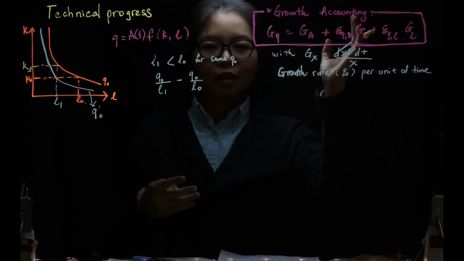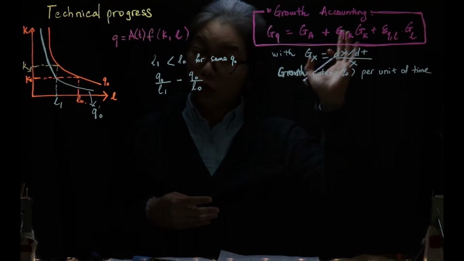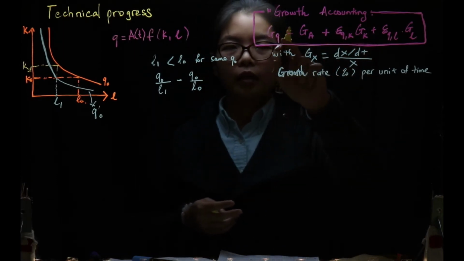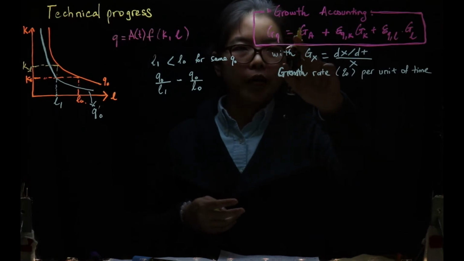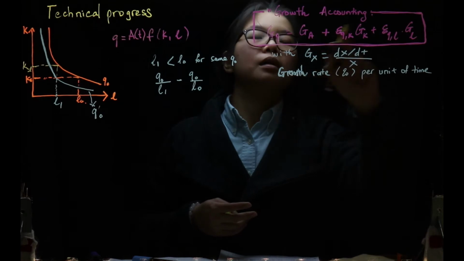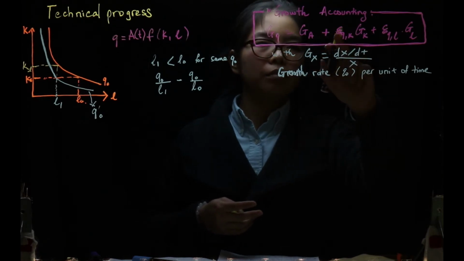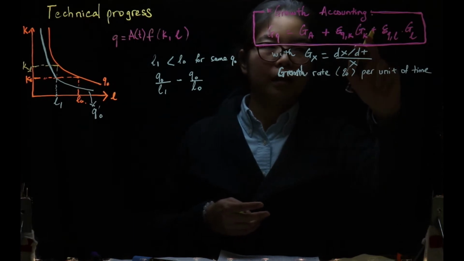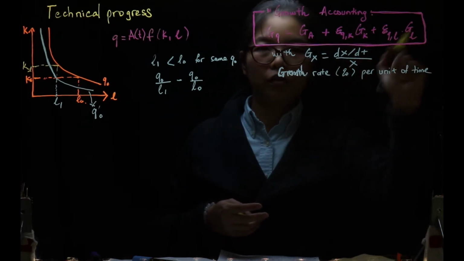That's where we need something called growth accounting. So it says that the growth in output will equal the growth in technical progress plus the elasticity of output with respect to capital times the growth of capital, and similar for labor.